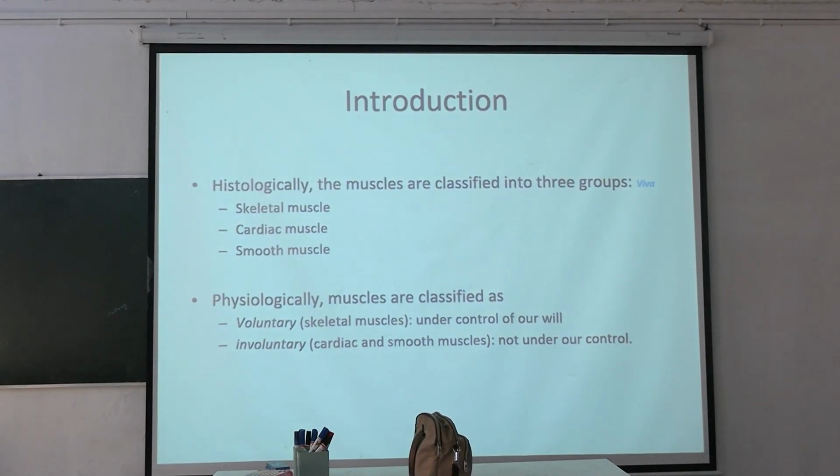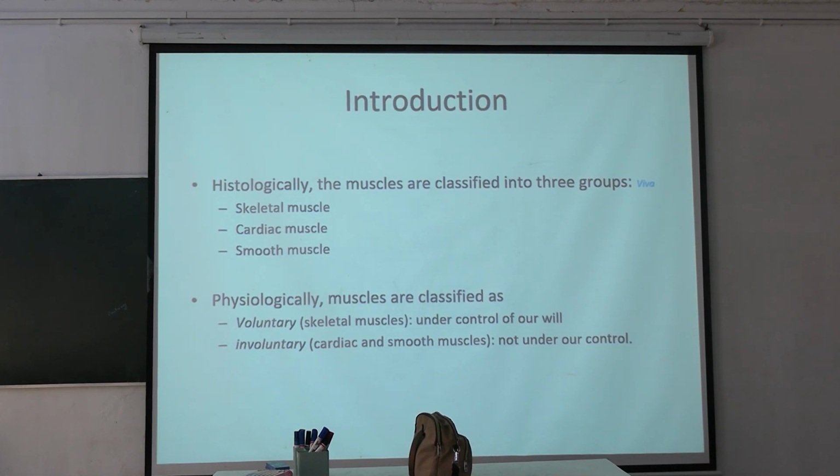Involuntary, cardiac and smooth muscles not under our control. So the heart muscle, contracting, I can stop my breath, but literally try to let the heart stop for 1 minute or 5 minutes. I cannot control it.